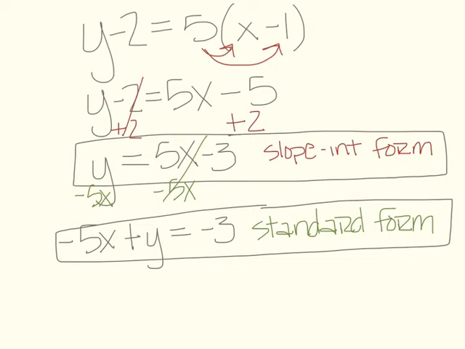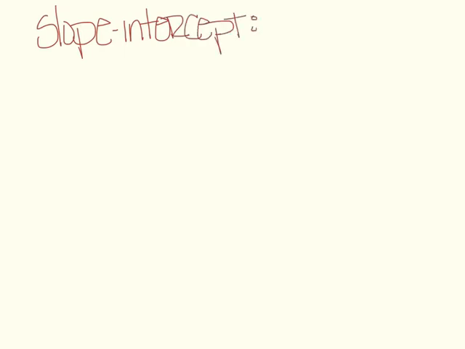Okay, so just bouncing around between the different forms. We just want to be able to get things where they need to go. So let's just kind of clarify things a little bit. We've got 3 different forms we're working with. We're working with slope-intercept, and slope-intercept form is y equals mx plus b.